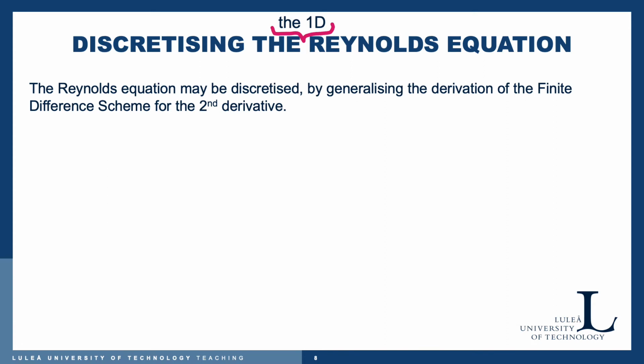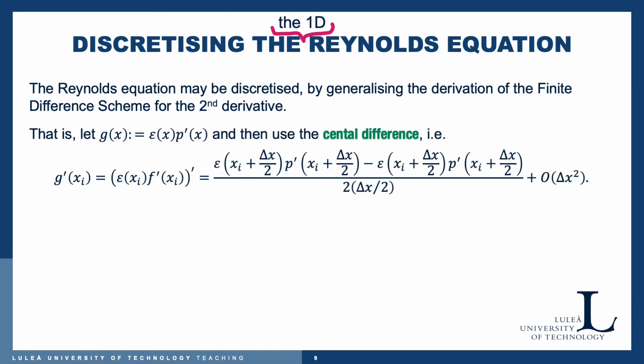A discretized version of the Reynolds equation in 1D can be obtained by generalizing the derivation that we had before on the finite difference scheme for the second derivative.